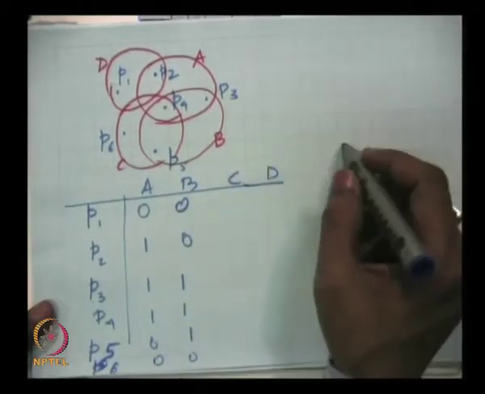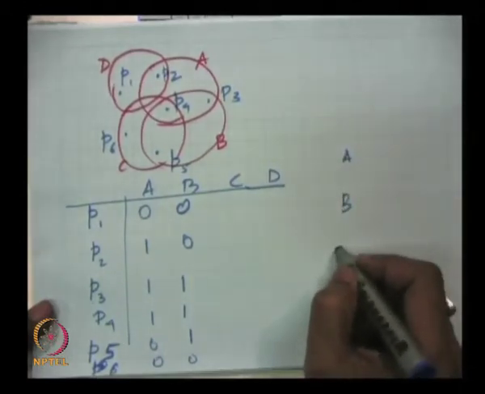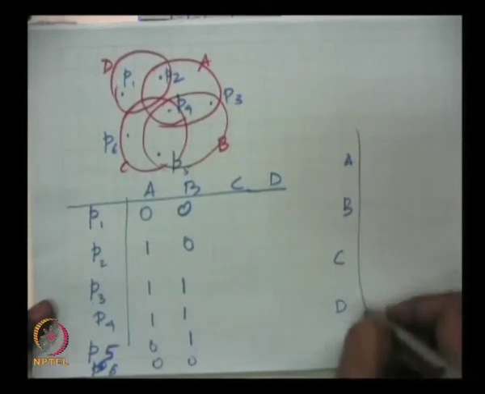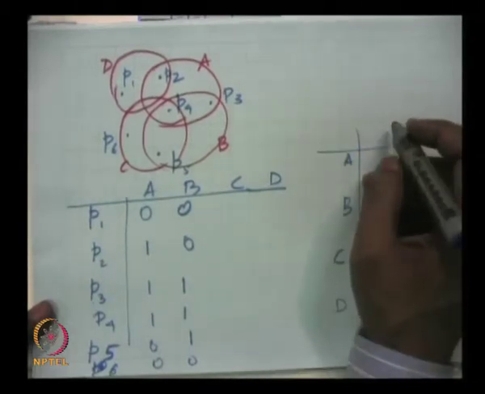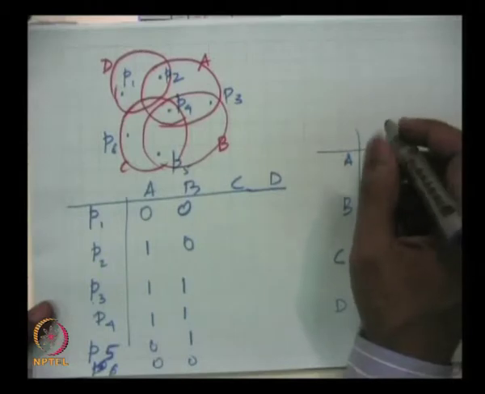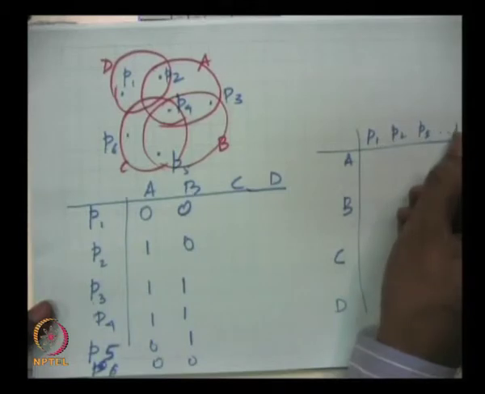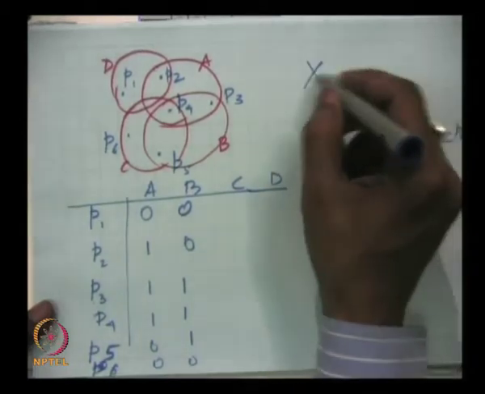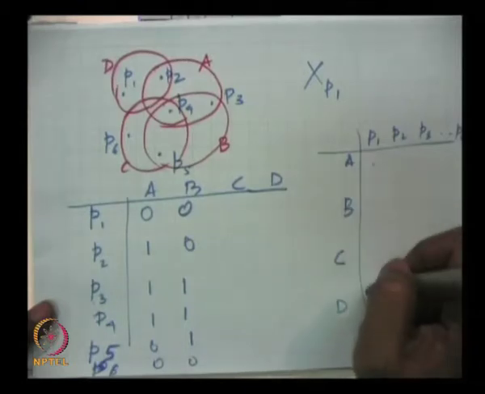So, my ranges basically become my rows A, B, C, D, and then X P are basically all those ranges that contain the point P, right. So, P1, P2, P3 all the way to P6. Okay. So, X P1 essentially corresponds to all those sets that have 1 in this column, right.